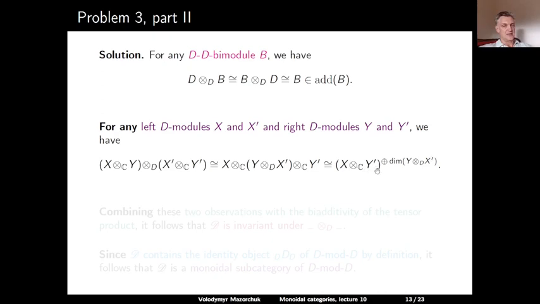So we will get a direct sum of many copies of X tensor Y prime, and the number of copies will be the dimension of the vector space Y tensor over D X prime.